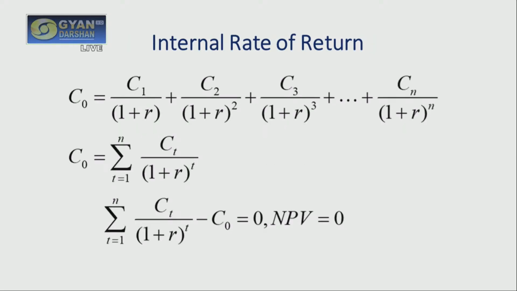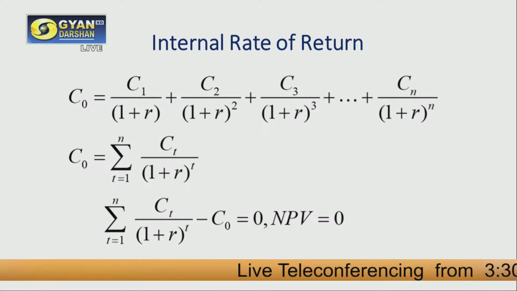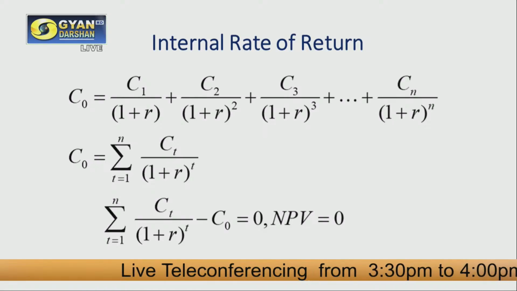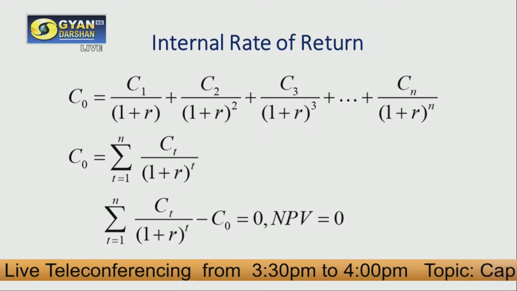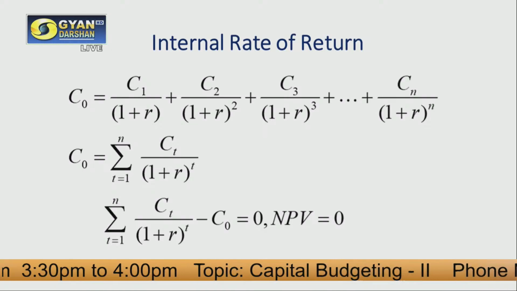There is no change in the formula for calculation of internal rate of return. It can be calculated just the way we calculated net present value, but the only thing is, in this case, our net present value has to be 0.